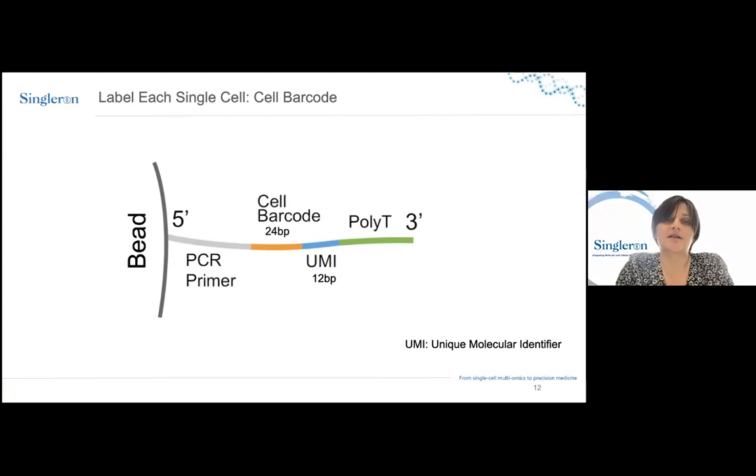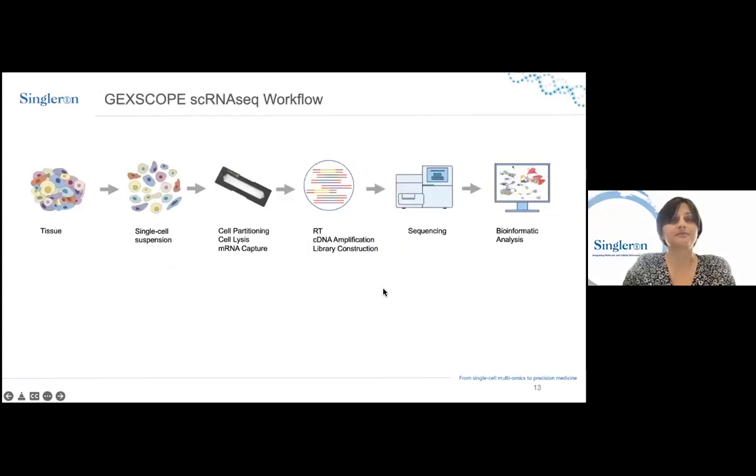This helps us later in bioinformatic analysis to assign all the transcripts with the same cell barcode to the same cell, because we know that they originated from the same cell. Basically, it helps us distinguish which transcripts belong to which cell. And the last sequence that you can find on our barcoding bead is a PCR primer, which serves for the cDNA amplification and the library construction.